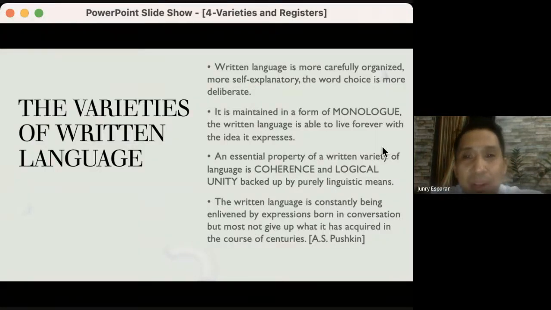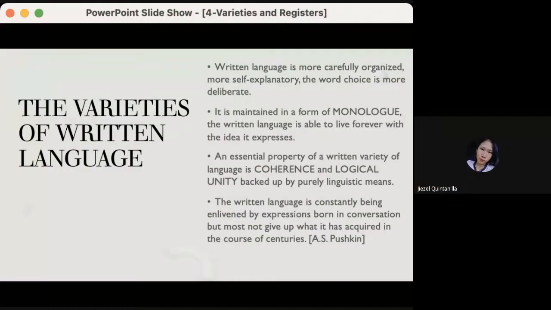Okay, third and fourth bullet, may I ask Giselle to please read the third and the fourth bullets? Giselle, are you there? Okay, sir, go ahead.